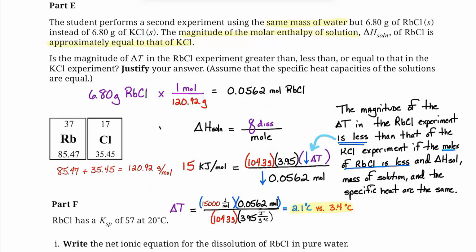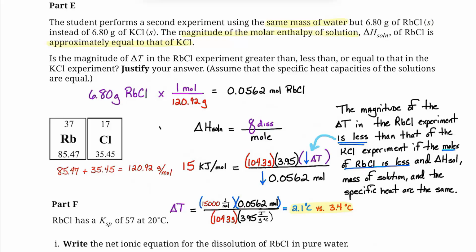But we're going to use the same mass in grams. We're also going to have the same delta H of solution that results, and of course, we're going to use the same specific heat. So everything's the same except we're dealing with rubidium chloride.